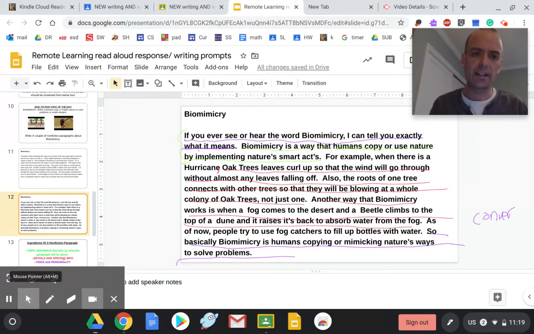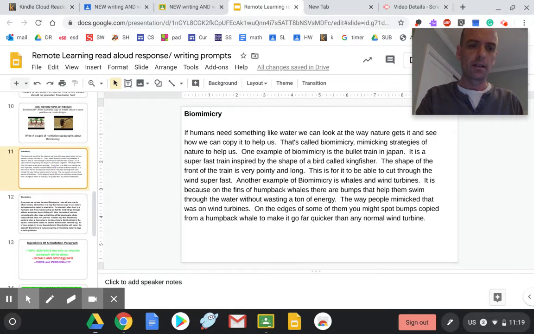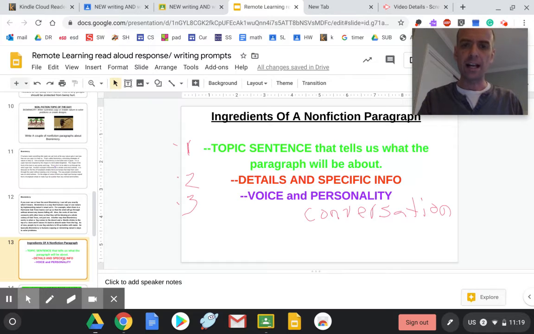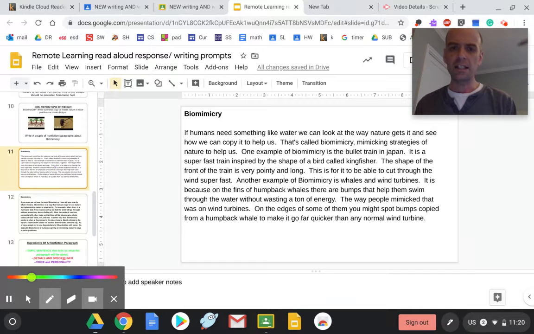Now I want to look at another paragraph. And this paragraph is so cool because they actually did some of their own research and found more examples of biomimicry. So first, let's find the topic sentence. If human needs something like water, we can look at the way nature gets it and see how we can copy it to help us.